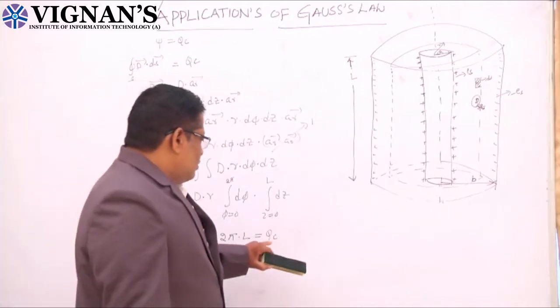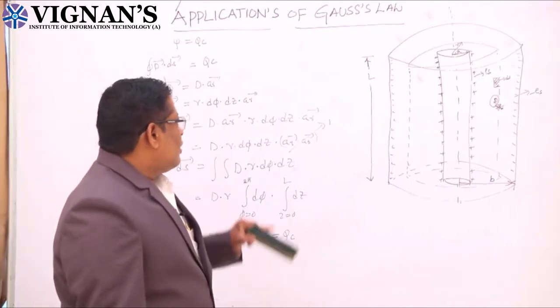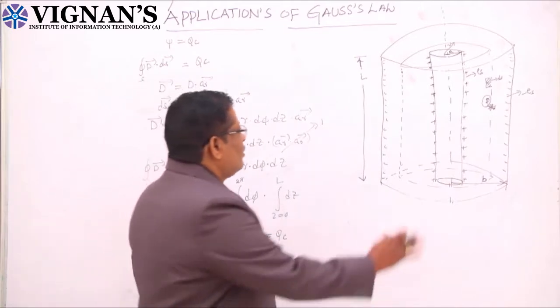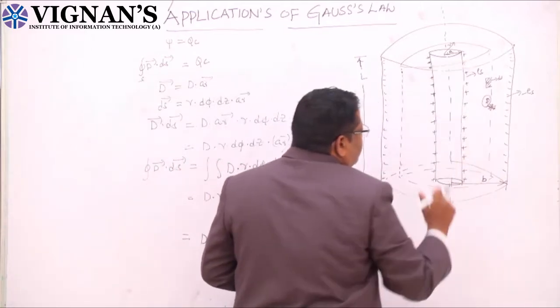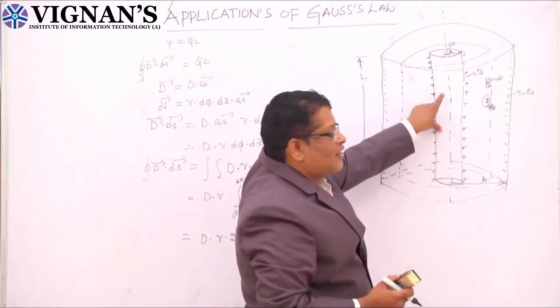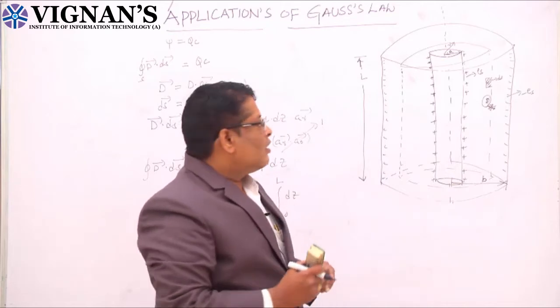Now we are going to find the charge enclosed by the Gaussian surface. See here, Q enclosed is the charge enclosed by the Gaussian surface. How much charge is there inside of the cylinder? The total charge is enclosed by the Gaussian surface.